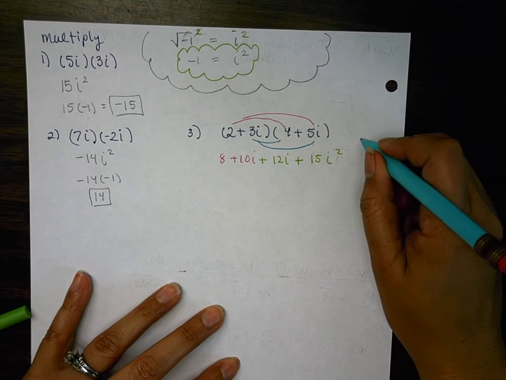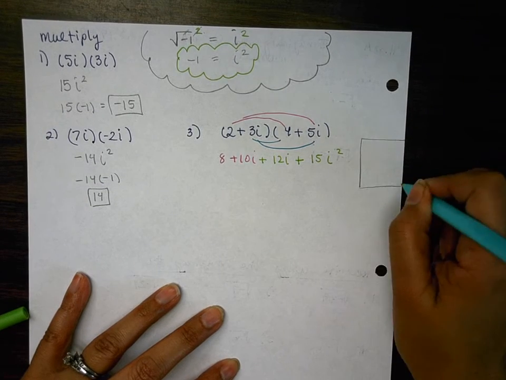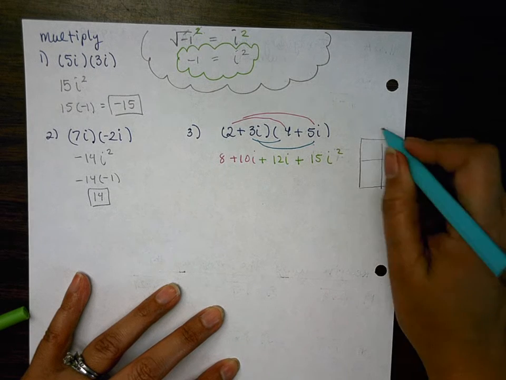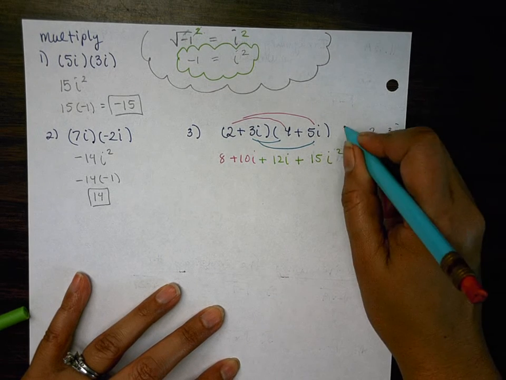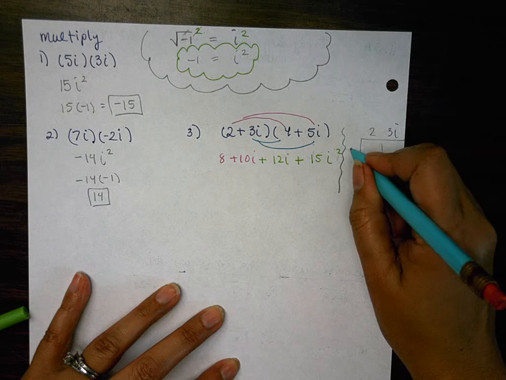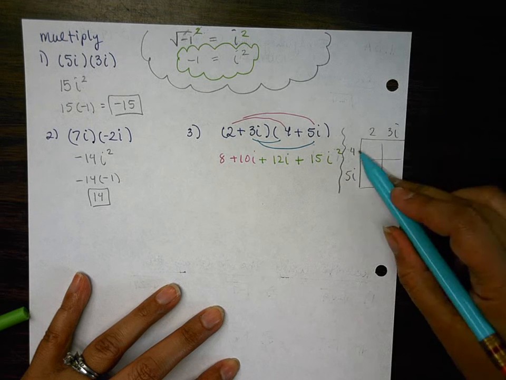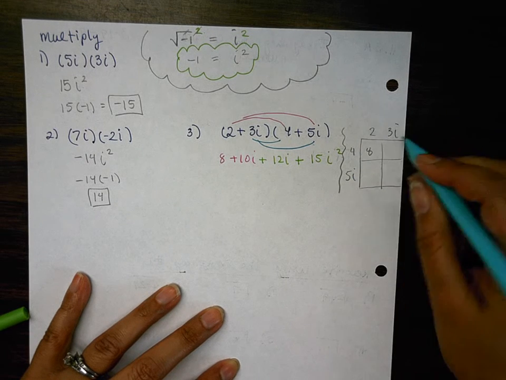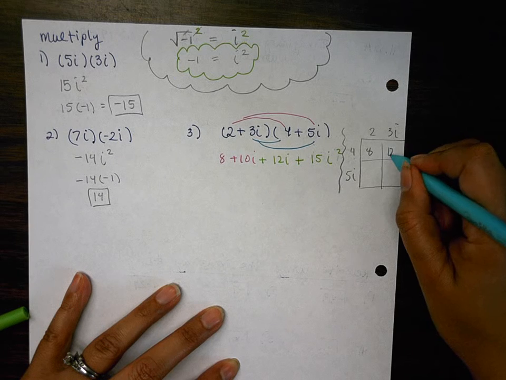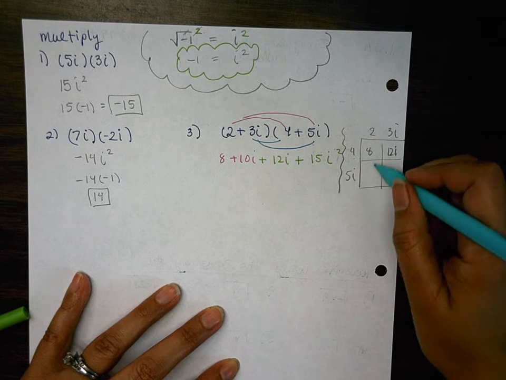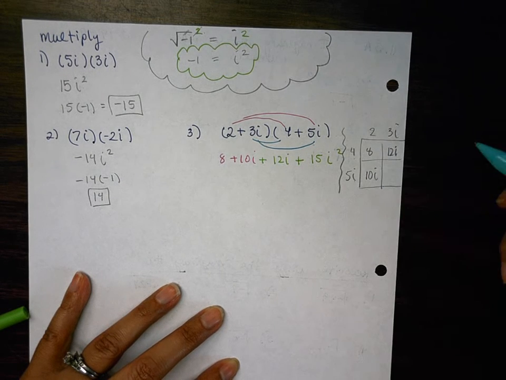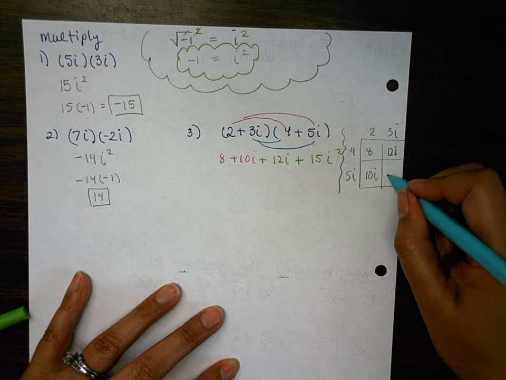If you are doing the window method, you would have 2, 3i, and then you would have 4 and 5i. 4 times 2 is 8. 4 times 3i is 12i. 5i times 2 is 10i.